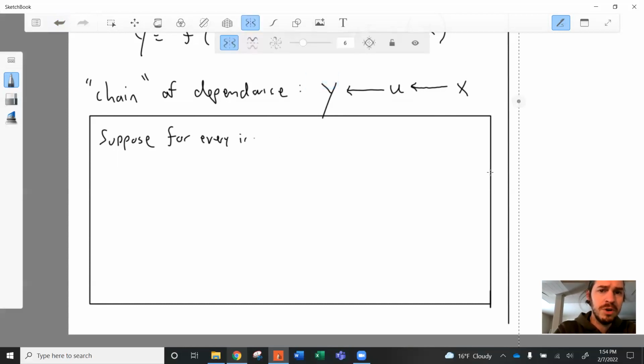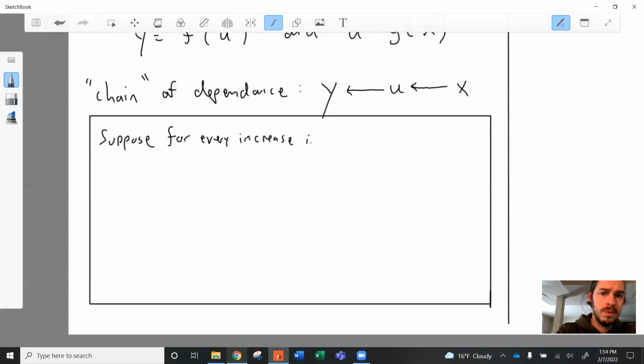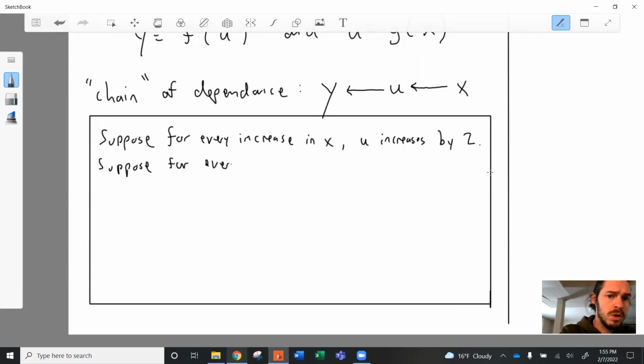For every unit increase in x, let's suppose that u increases by 2. And we're also going to say, suppose that for every increase in u, we know that y increases by 3.